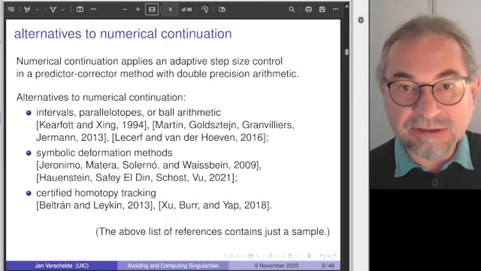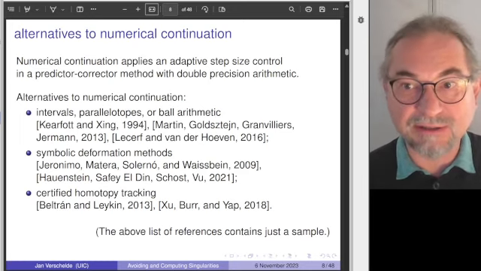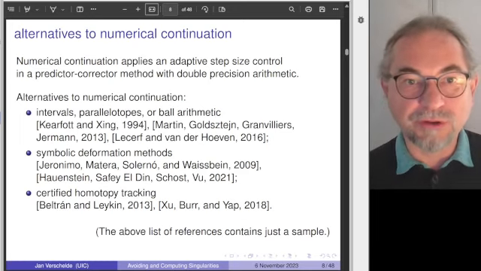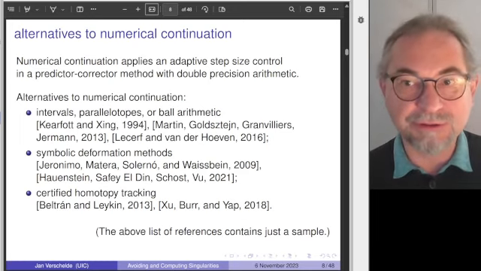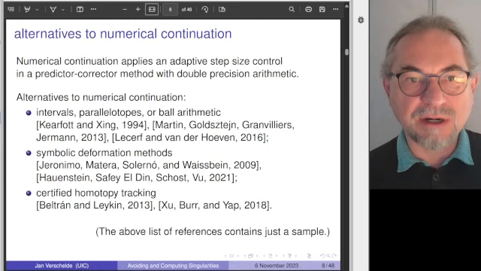Just the context. So solving polynomial systems, there are many alternatives for that, and I will not go into this. Also for numerical continuation, and by numerical here I mean the numerical in numerical analysis, there are alternatives.